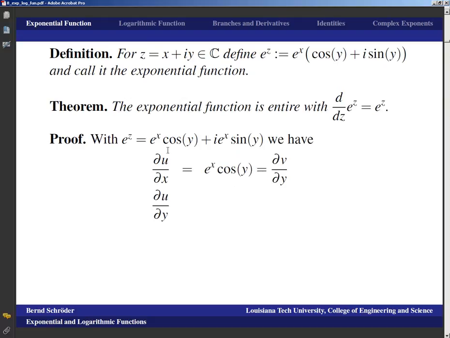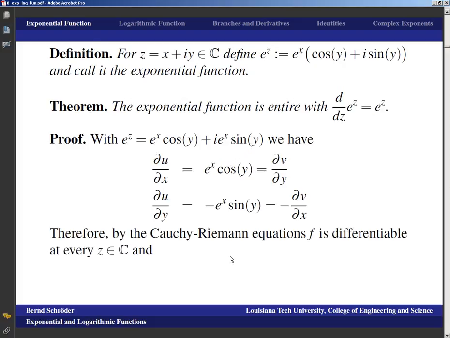Similarly, du/dy, the derivative of e to the x cosine y with respect to y, is e to the x times negative sine y, so negative e to the x sine y, and that is the negative of the derivative of v with respect to x, which is negative e to the x sine y. Okay, and that means by the Cauchy-Riemann equations, the function f equals e to the z is differentiable.